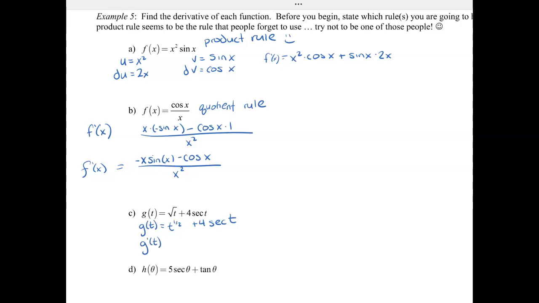I'm going to be using my power rule, hence why I said more power to you. So I've got 1/2 t, subtract 1 from my exponent, I've got negative 1/2, plus 4, my constant, times the derivative of secant, which is just secant tangent.